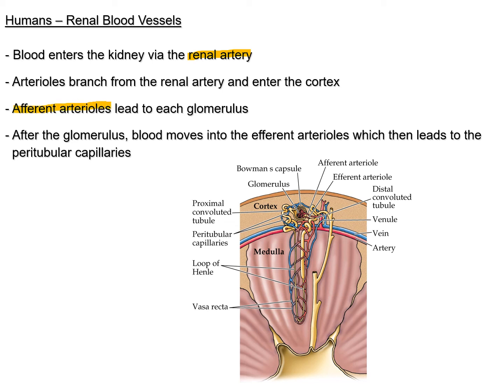The afferent arteriole leads in and then twists around to form the glomerulus inside the glomerular capsule or Bowman's capsule. And then the arteriole leading away from the glomerulus is called the efferent arteriole. And then that goes on to form the peritubular capillaries and the vasa recta all around the loop of Henle and the tubular system.